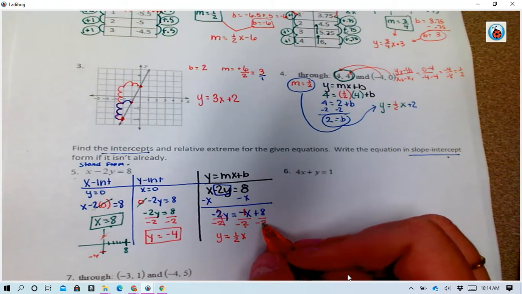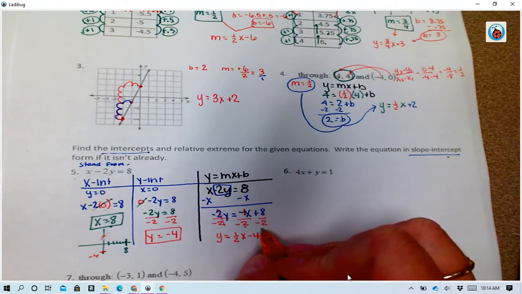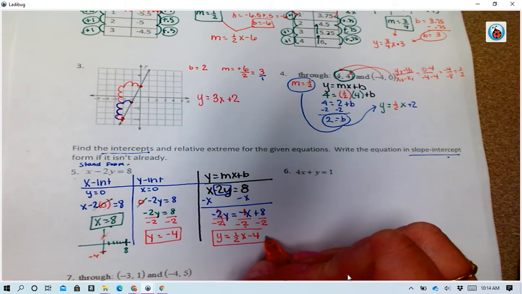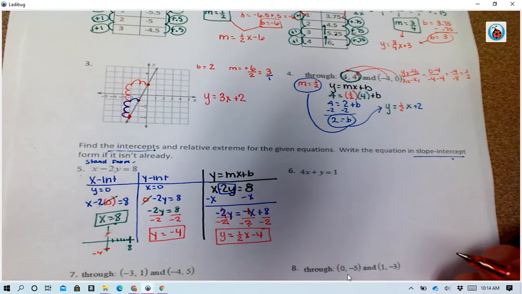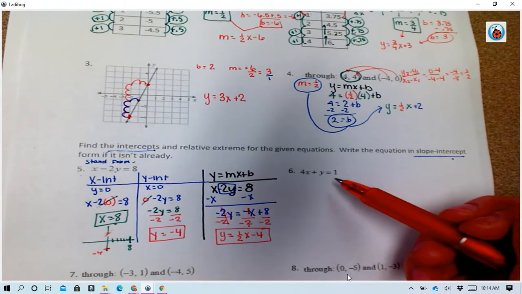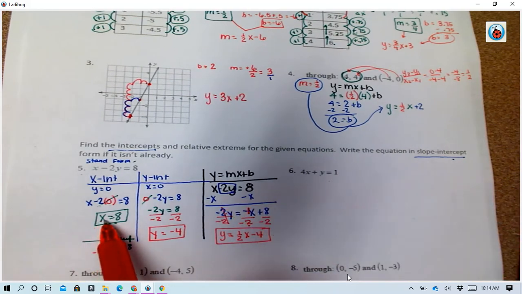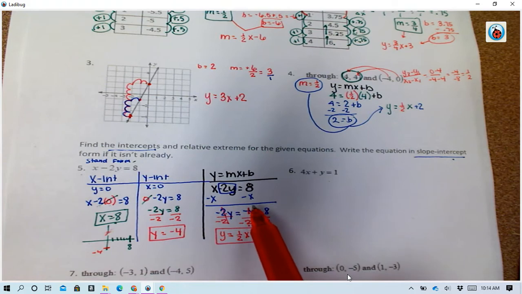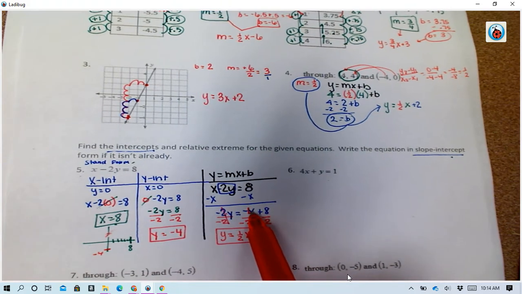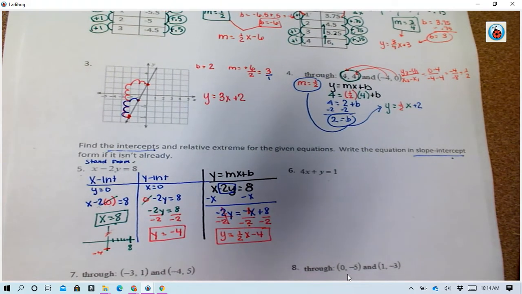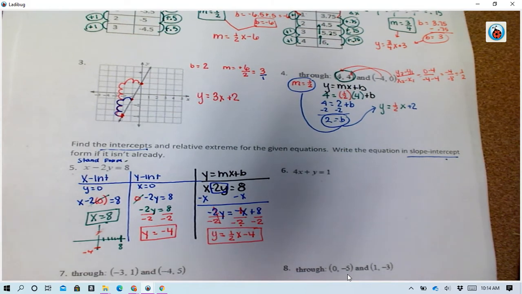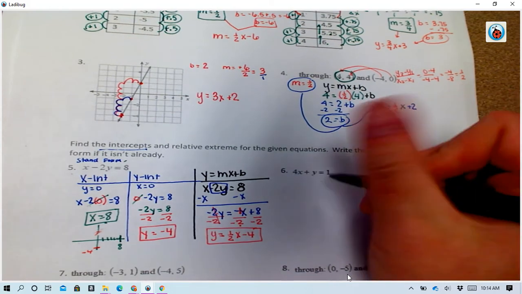And then 8 divided by negative 2 is a minus 4. And that's it. So number 6, I'm going to do the same way. I'm going to find my x-intercept first, then my y-intercept, and then put it into slope-intercept form. I suggest you pause the video so you can try number 6 all by yourself.